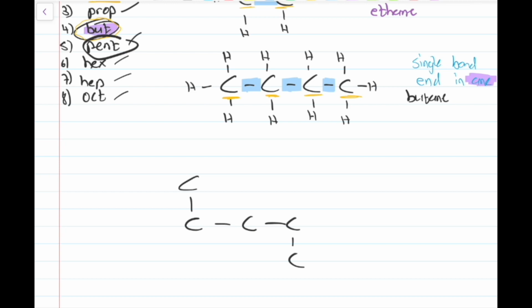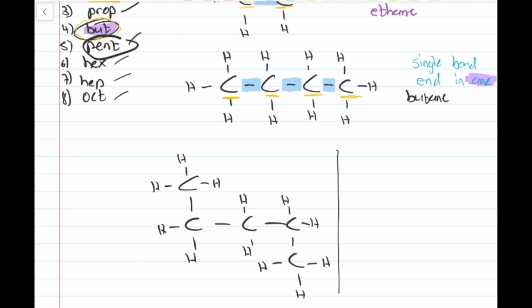Right, so anyway, let's attach our 4 bonds to each of these carbons. So here, this is also pentane. 1, 2, 3, 4, 5, 6, 7, 8, 9, 10, 11, 12.